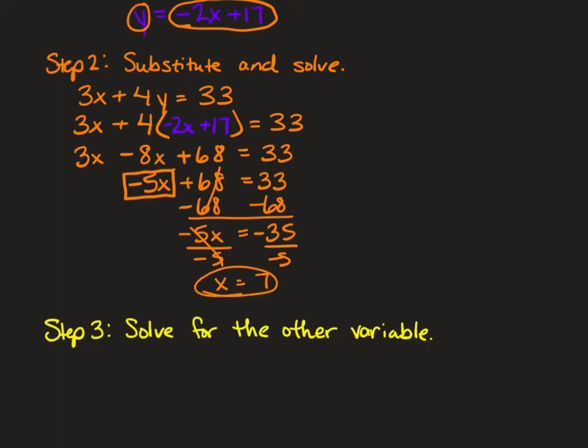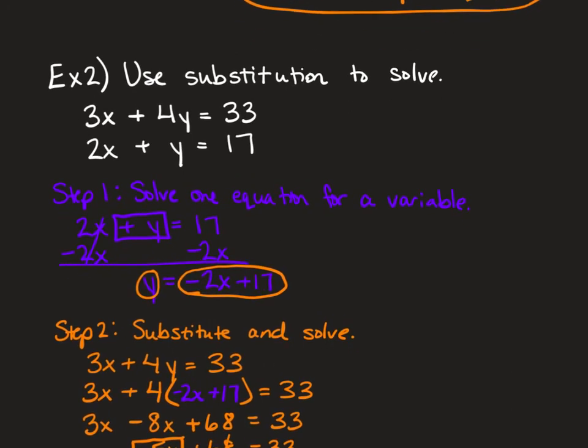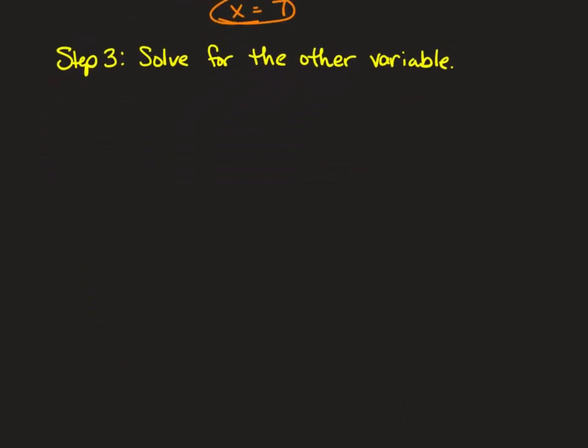Our last step, we're going to solve for the other variable, and we can choose either equation. Looking back at the top here, I like that second equation better. It just looks a little bit shorter, so that's the one I'm going to use. So to solve for that other variable, I write the equation 2x plus y equals 17.